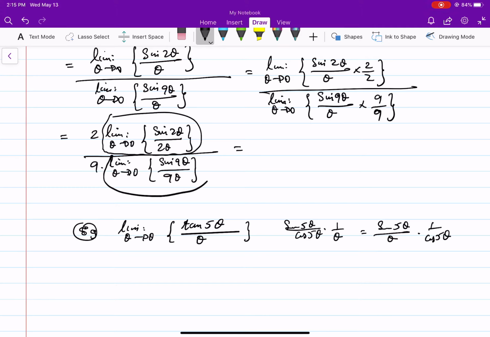And this whole portion there, that's 1. So the result is 2 times 1 over 9 times 1, which is 2/9.